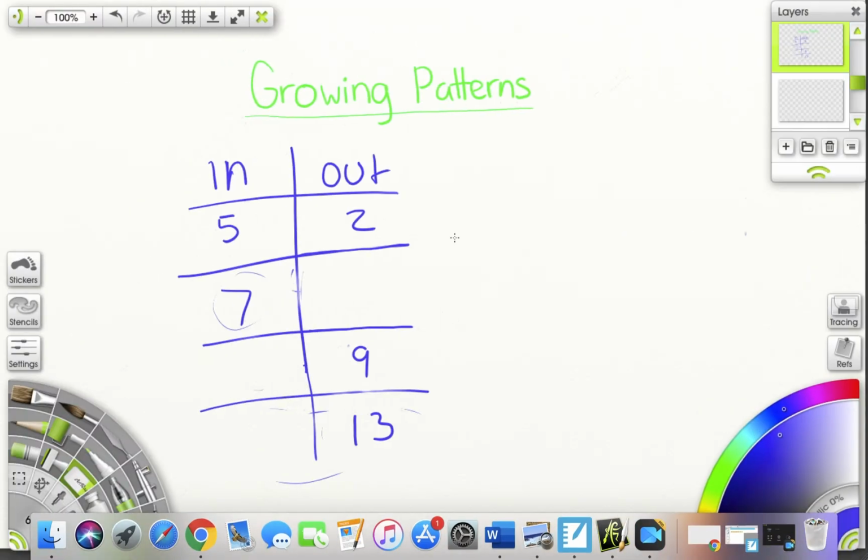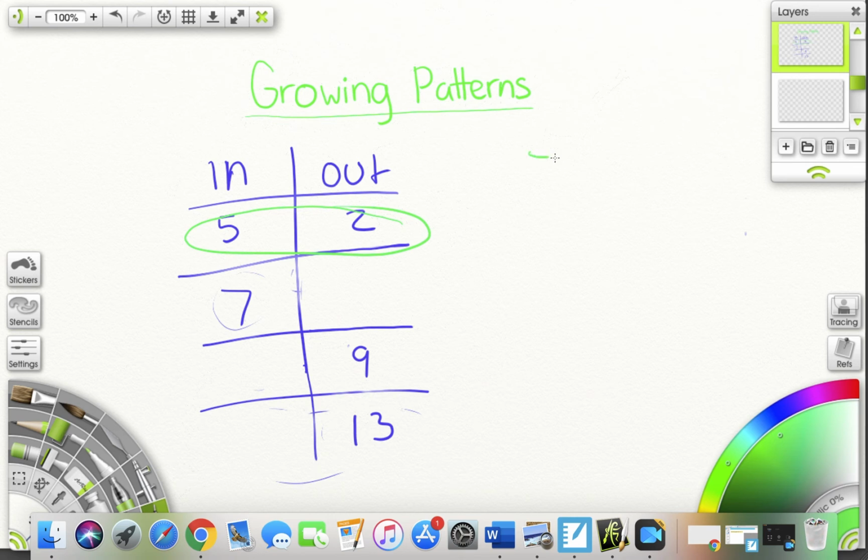To find the pattern rule, let's look at this first row. This first row gave us both the in and the out numbers. It gave us 5 is our in number and out is our 2. How do I get from 5 to 2?